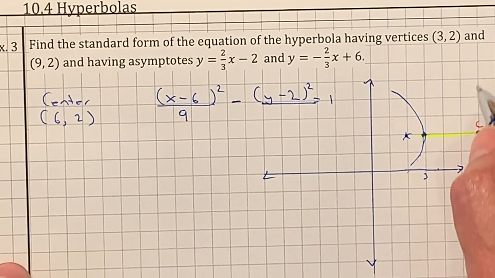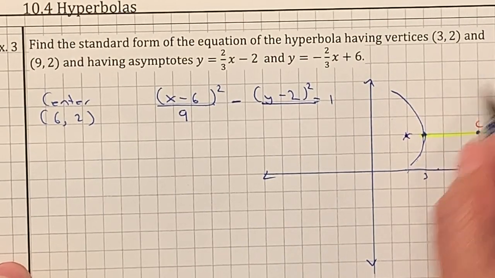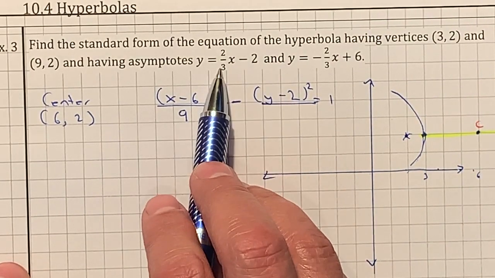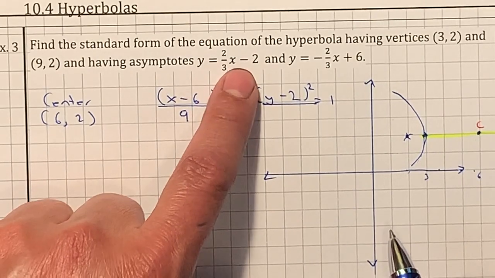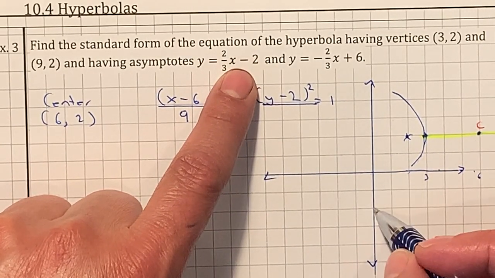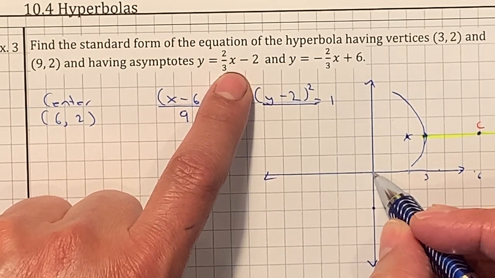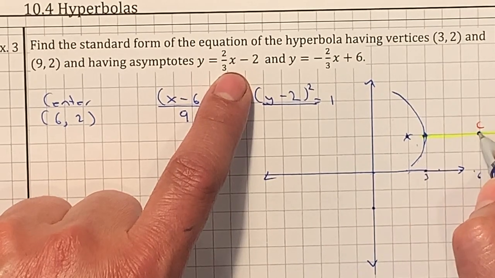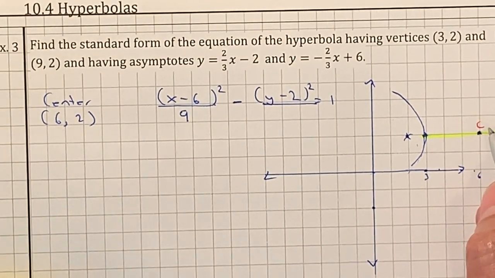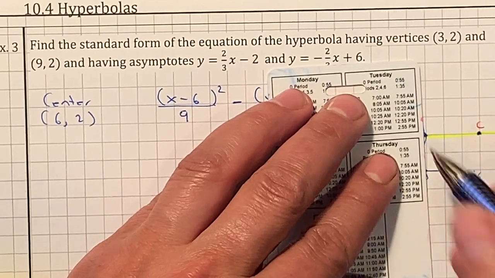I need to be able to figure out how much I have to go up and down. So the only other information that I have are my asymptotes. My asymptote's y-intercept is 6, and the slope is down to the right 2 and over 3. So notice that this matches.